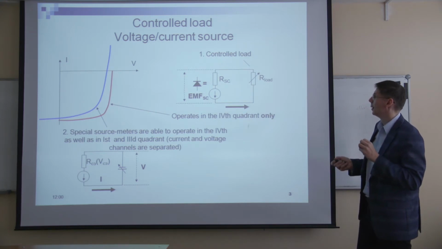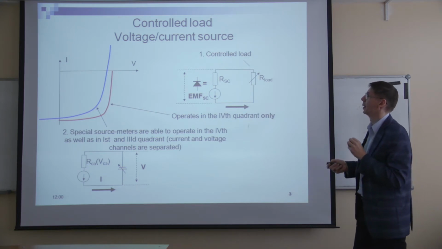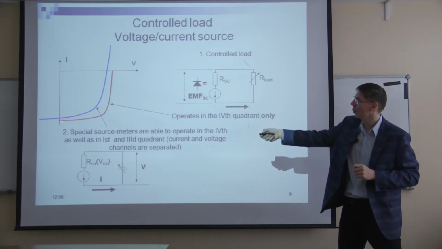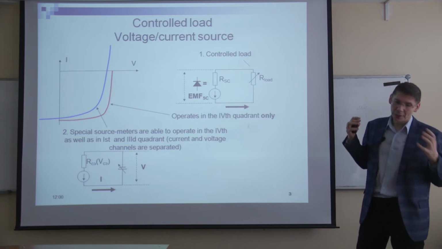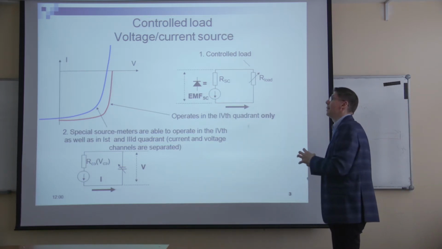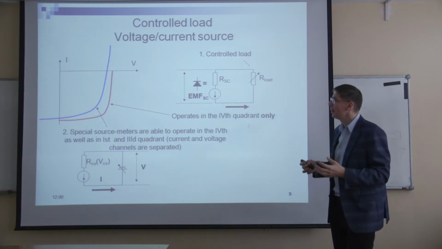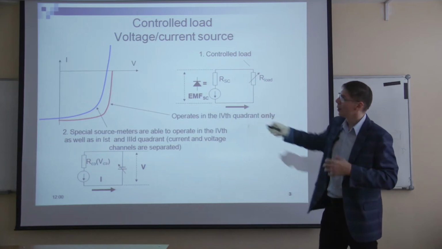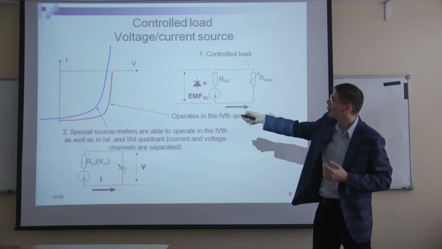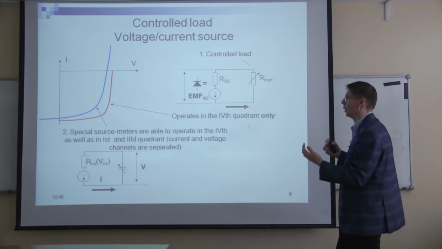But the problem is that you are limited by the two cases, by the VOC and short circuit current, and in some specific cases you may be interested to go further. For example, if you have some kind of a knee here, you don't know exactly what it means.